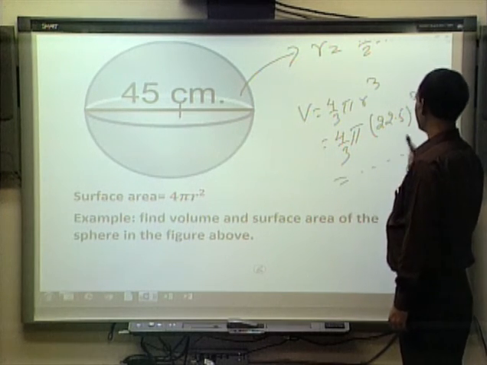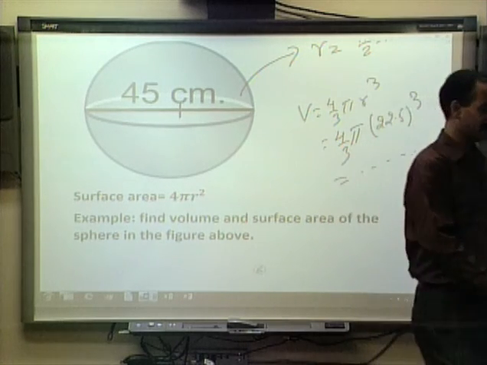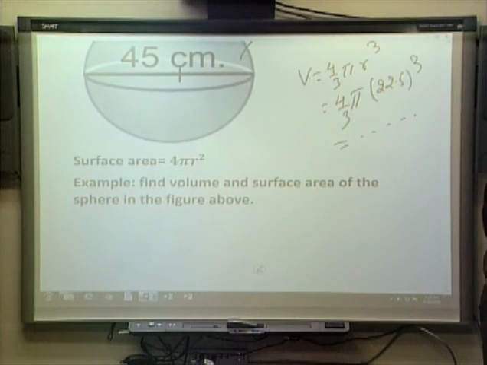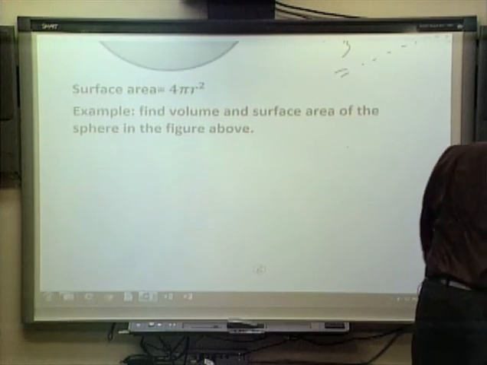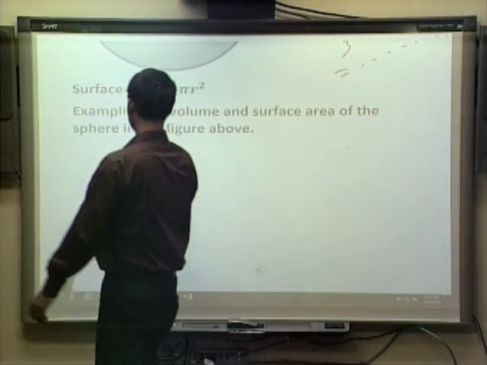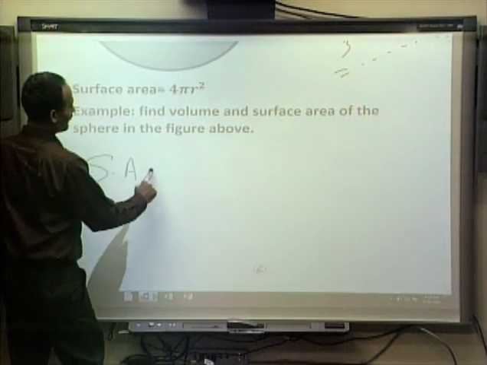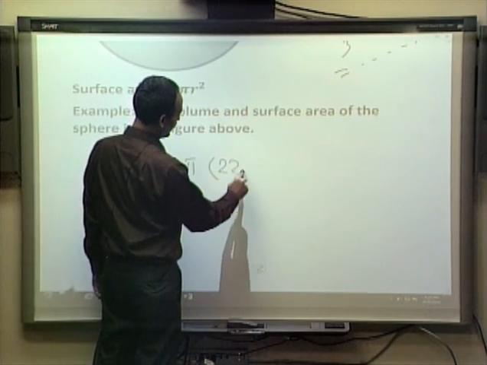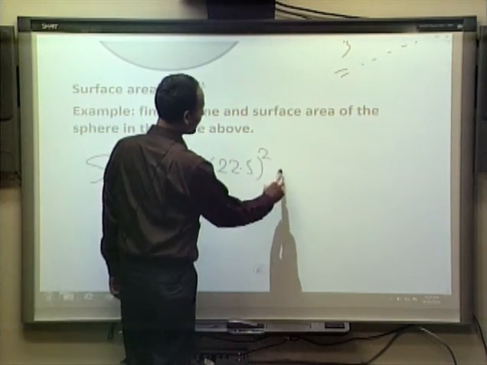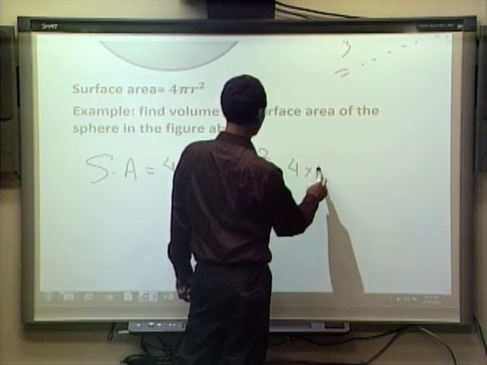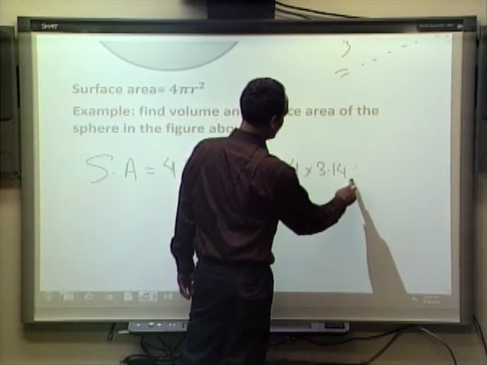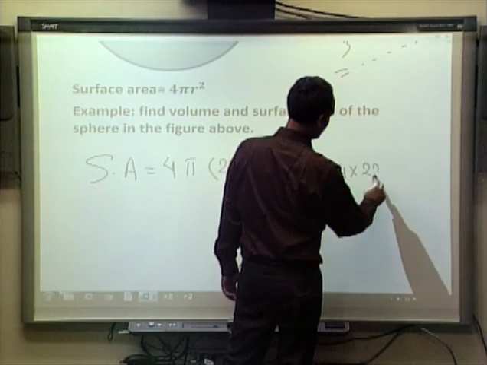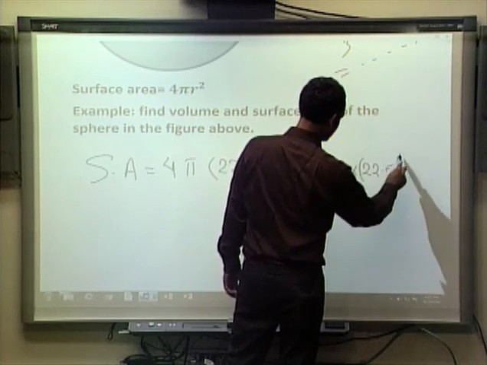As before, I am leaving the multiplication to you, and the surface area is given by 4 pi r, and r is 22.5 square. So this is 4 times 3.14 times 22.5 square.